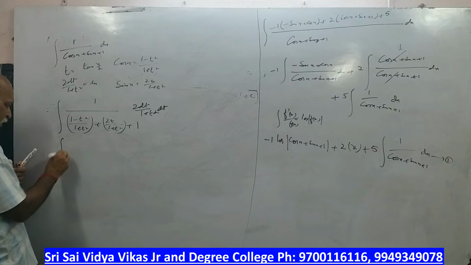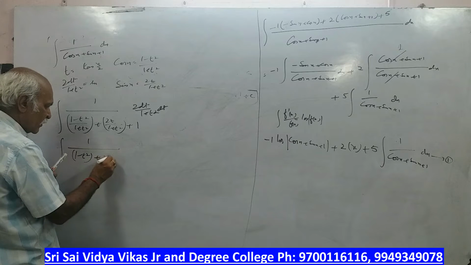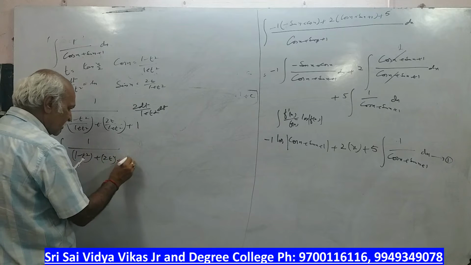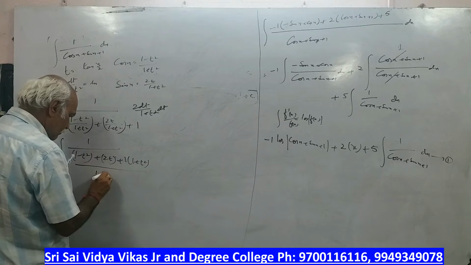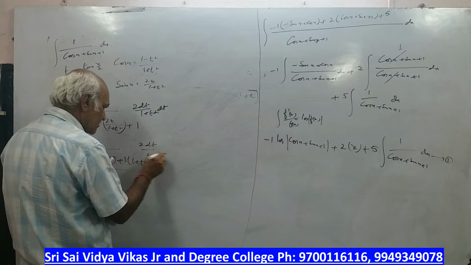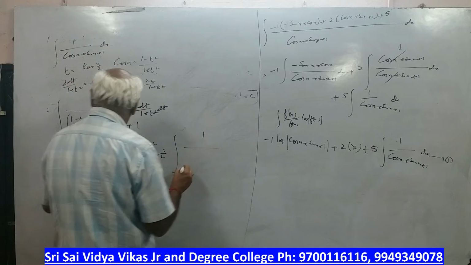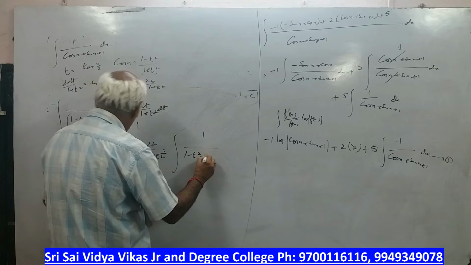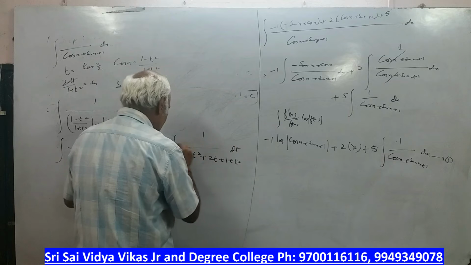So here what will happen? 1 by [1 minus t square plus 2t plus 1 plus t square] into (1 plus t square) by (1 plus t square) into 2 dt by (1 plus t square). This will get cancelled. So this becomes integration of 1 by (1 minus t square plus 2t plus 1 plus t square) dt with 2 outside.